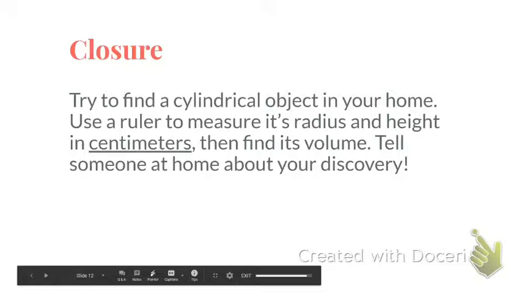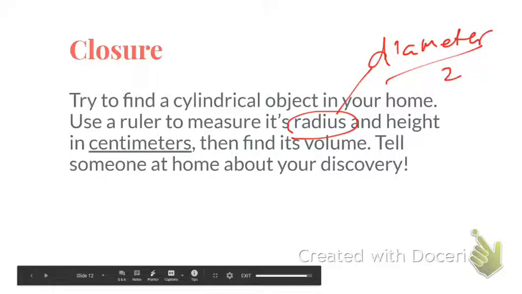If you're not sure how to find the radius, or you think it's too difficult, maybe find the diameter first, and then whatever you get, divide it by 2. That'll be your radius. And then find it in centimeters. If you're going to use inches, go ahead, but I think centimeters is a little bit easier. And then find the volume of that cylinder. And then tell someone at home about your amazing new discovery on volume.